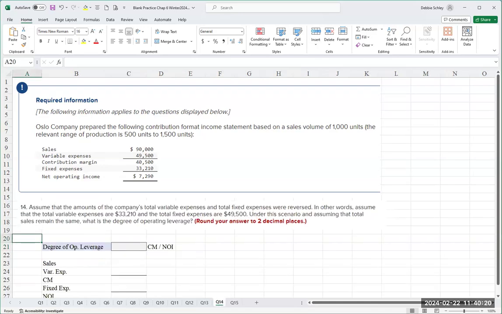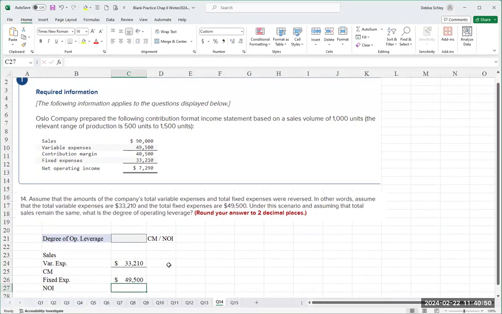All right, question 14. Assume that the amounts of the company's total variable expenses and total fixed expenses were reversed. In other words, assume that total variable expense is 33,210, right? In previous example, that was my fixed. So they're saying my variable expense now is 33,210 and my fixed expense would be 49,500, right?